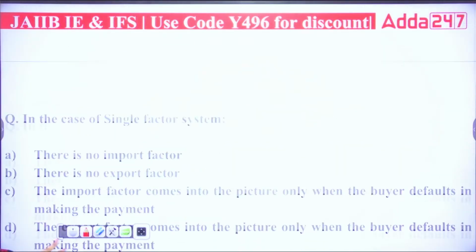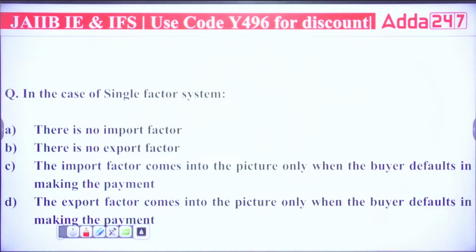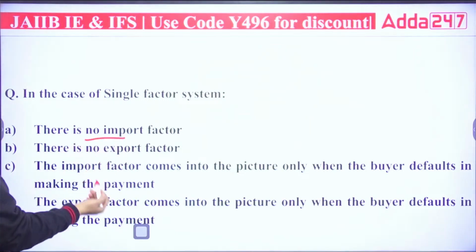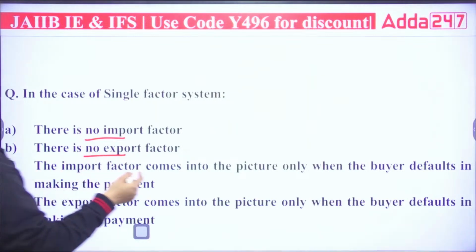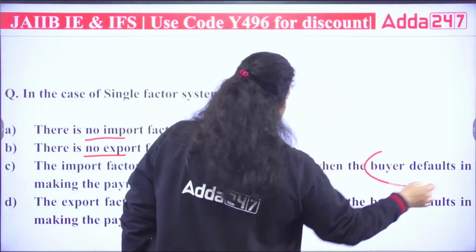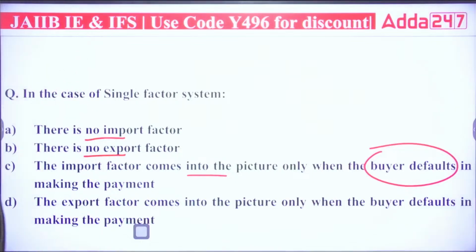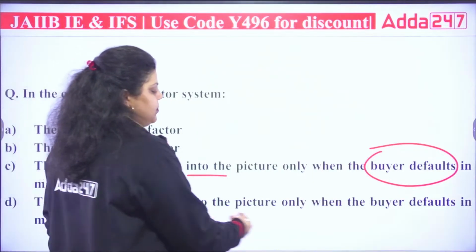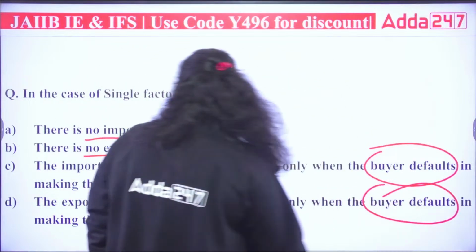Now, next question we have, in the case of single factor system, which of the following is correct? So, first is saying there is no import factor, there is no export factor. The import factor comes into the picture when the buyer defaults in making the payment. Fourth is saying the export factor comes into the picture when the buyer defaults in making the payment.